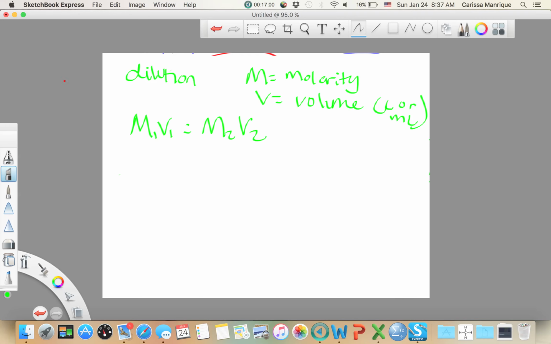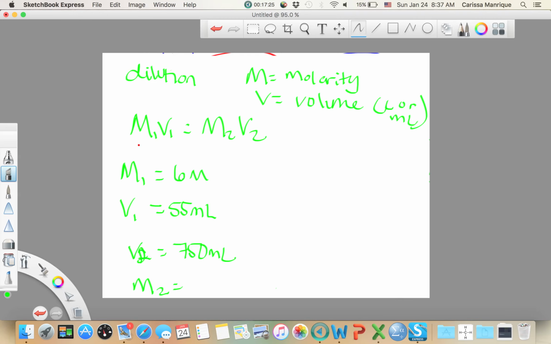Okay, so it gives us M1, our first initial molarity is 6. Our first initial volume is 55 milliliters. And our final volume, or I could say volume 2, is 750 milliliters. And they want to know, well, what will the new concentration be?